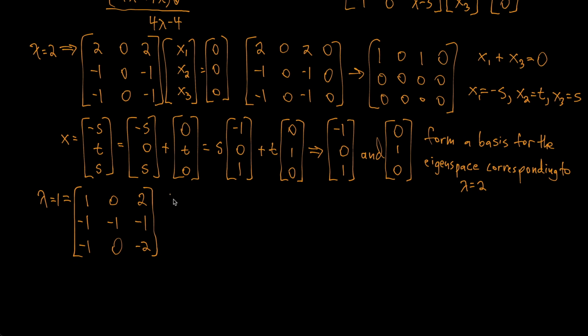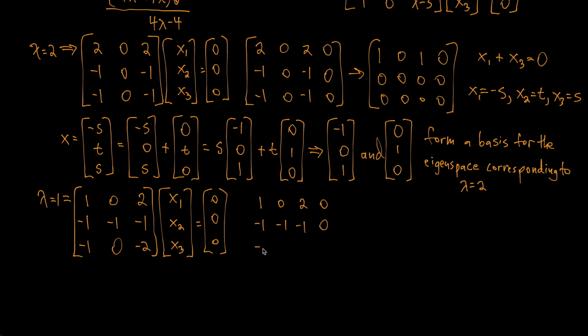And then I'll multiply that by x1, x2, x3, set it equal to 0, 0, 0. I get 1, 0, 2, 0, minus 1, minus 1, minus 1, 0, minus 1, 0, minus 2, 0 for my augmented matrix, and then I will reduce that.